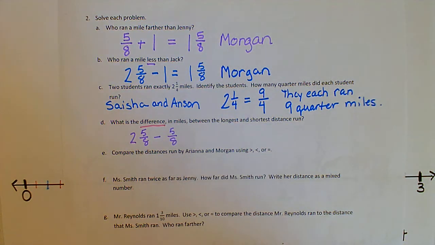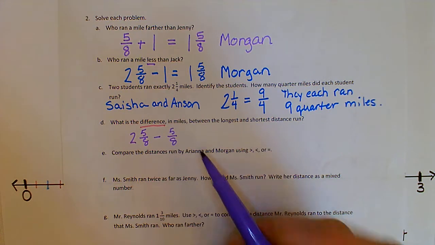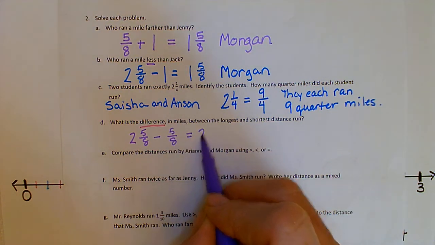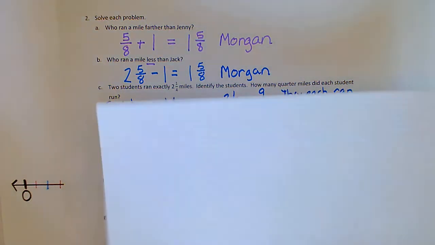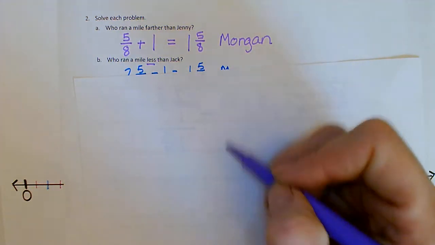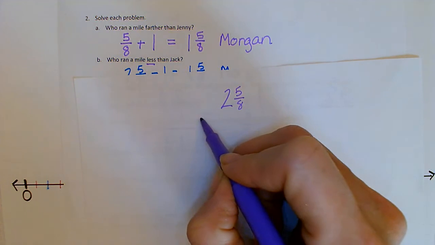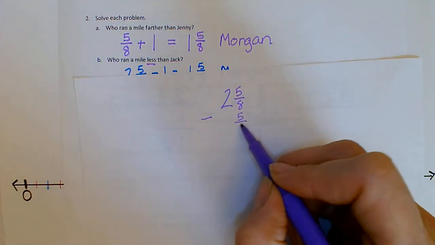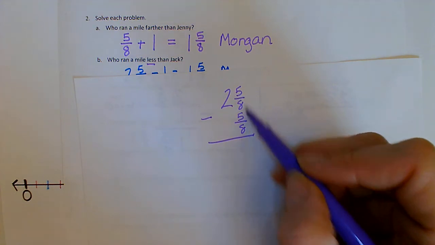I think a lot of you are going to say, well, 2 5/8 minus 5/8 is just going to leave me with 2. But if you don't see that easily, let's model it the other way that we've been doing it, which is vertically. So I have 2 5/8, and I want to subtract 5/8. 5/8 minus 5/8, they're the same thing.